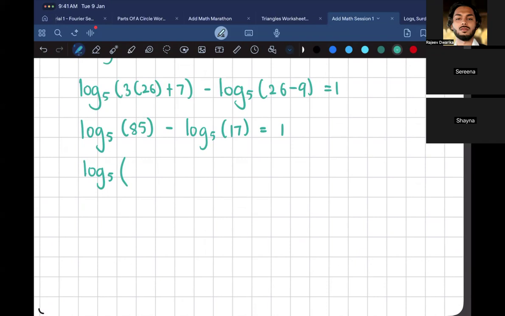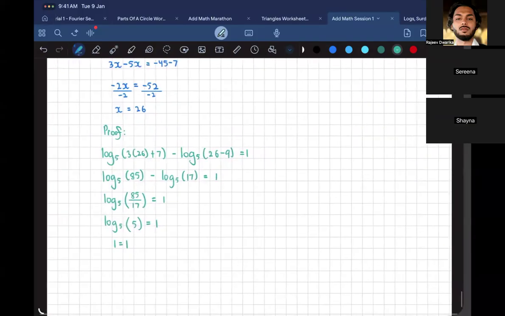Log base 5, you can put 85 over 17. And that's supposed to be equal to 1. What is 85 over 17? 5. So log base 5 of 5 is 1. 1 is equal to 1. Are we correct? Yes, sir.